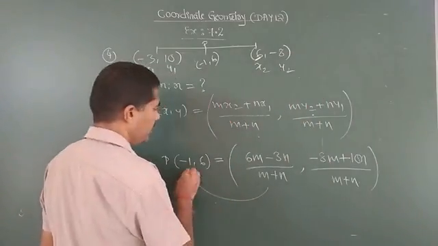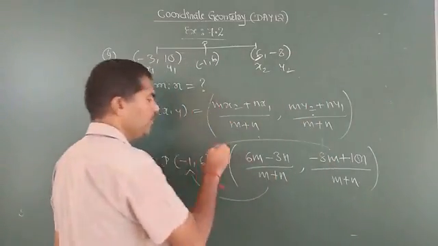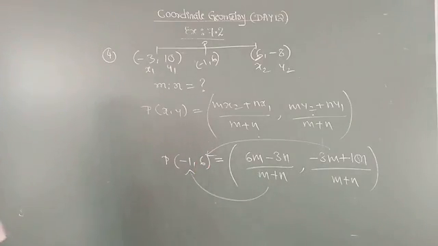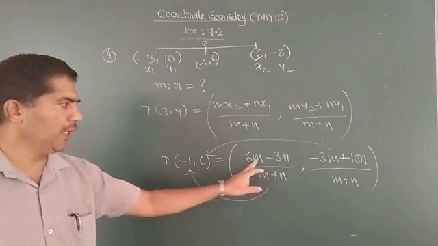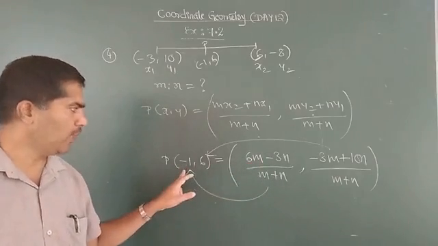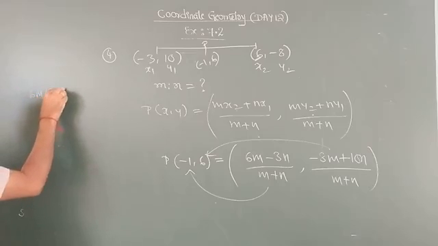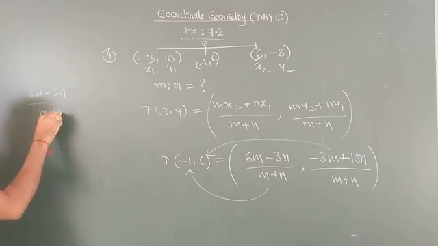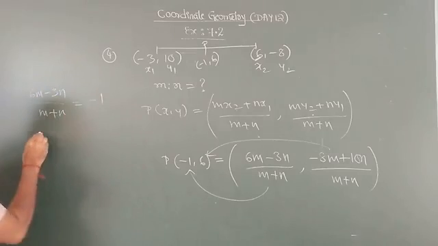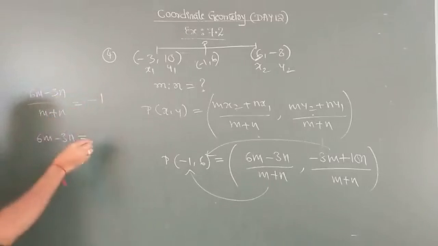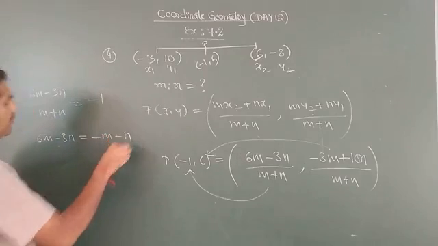Now just equate. Any one will do. Either you take the x coordinate or take the y coordinate and try to find the answer. (6m minus 3n) by (m plus n) equal to minus 1. So I am doing that. 6m minus 3n equal to, carrying, minus m minus n.